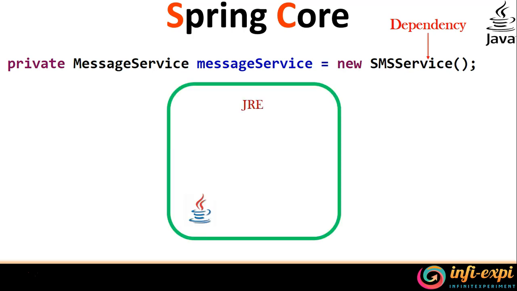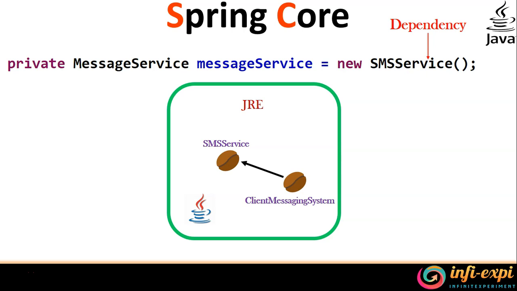Now if you just simulate this, we have a JRE, Java Runtime Environment, and inside the Java Runtime Environment you can notice that I'm talking about two different components. One is client messaging system component, another one is SMS service instance component. So client messaging system instance is actually going to depend on SMS service instance. So that's how the flow is going to be represented.